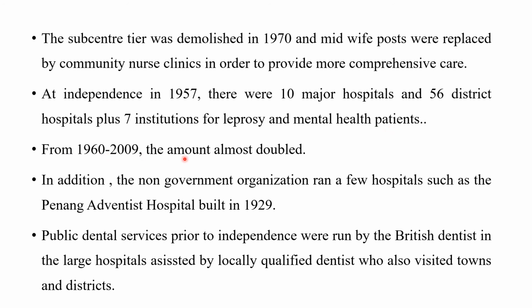From 1960 to 2009, the number almost doubled. In addition, non-government organizations ran a few hospitals, such as Penang Adventist Hospital, built in 1929. Public dental services prior to independence were run by British dentists in the large hospitals, assisted by locally qualified dentists who also visited towns and districts.